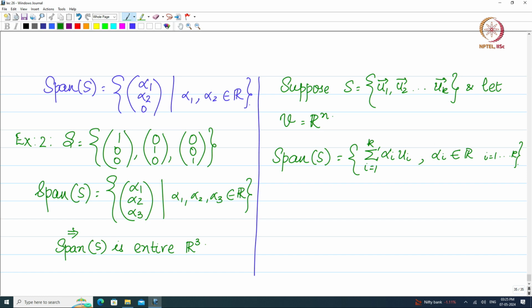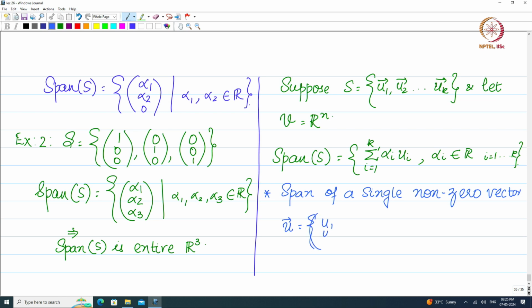Now, what is more interesting is the geometry of this span, that is what we are going to look at now. So, let us look at the span of a single non-zero vector in Rn, let us say the vector u, which is u1, u2, etc., un.